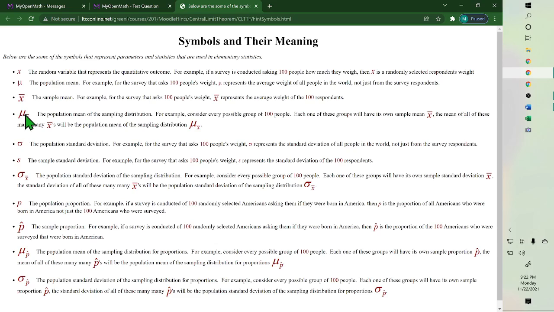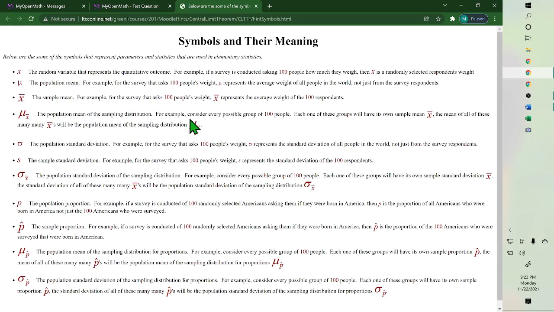Now this mean, mu with the X bar, is the population mean of a sampling distribution. Consider every possible group of 100 people. Each of these groups will have a mean. So they take every possible group and find the average, and then find the average of all of those.